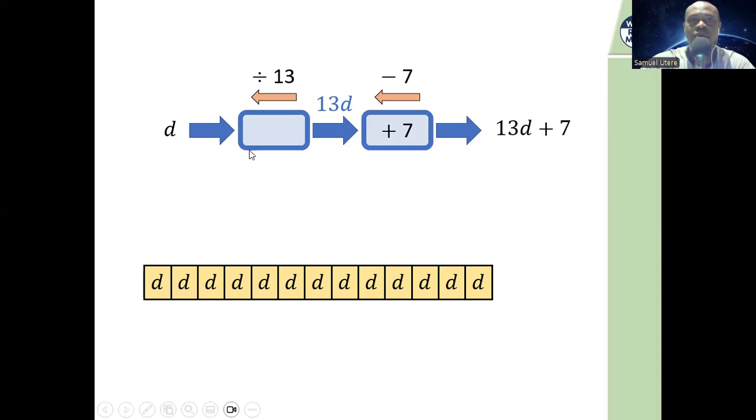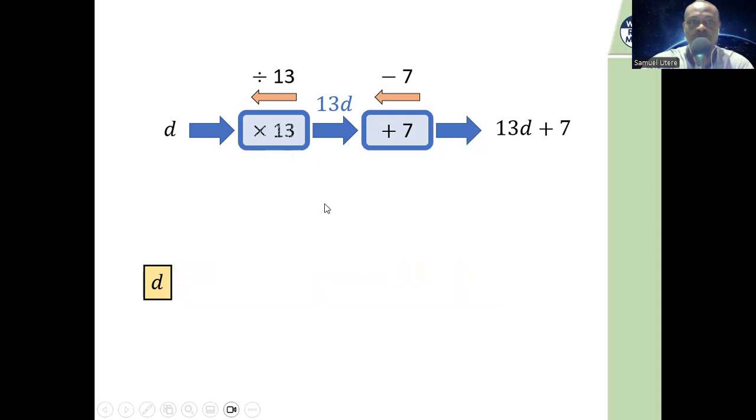But take note, for the function machine, you're working from left to right. Always remember that you're working from left to right. So if in your inverse operation you're going to have to divide by 13 to get the input, which is D, then the correct operation for the first step of the function machine is to multiply by 13.